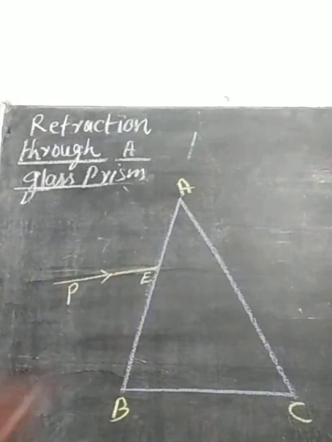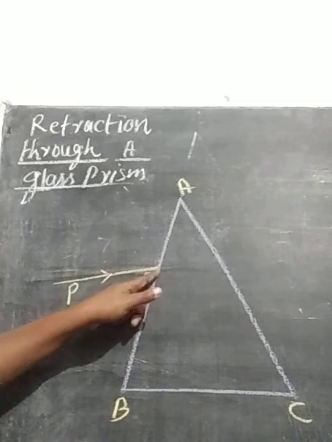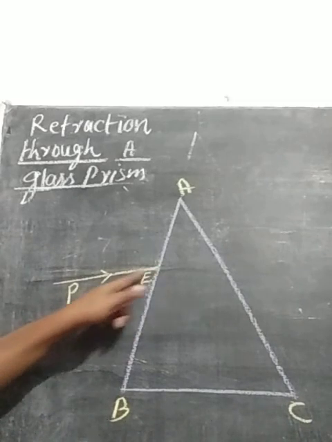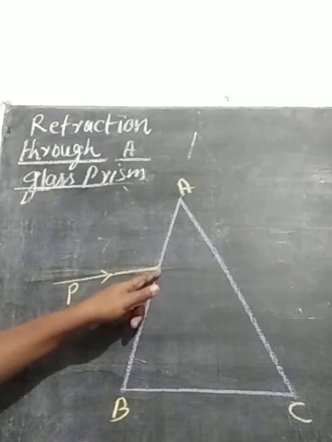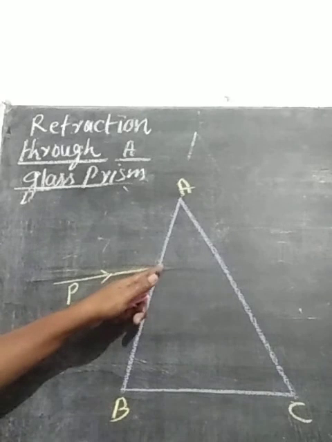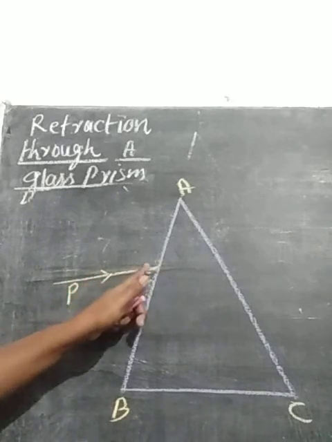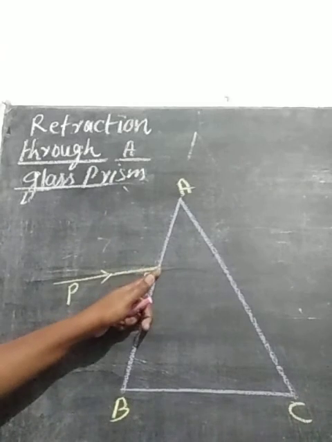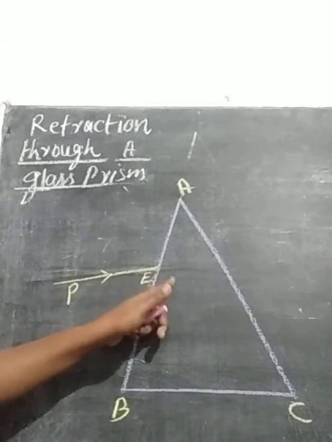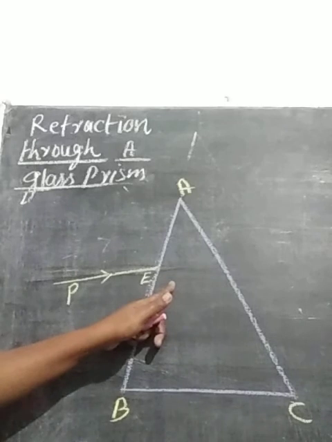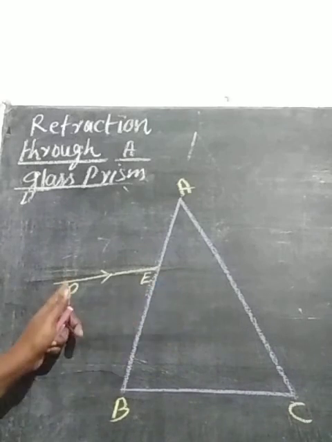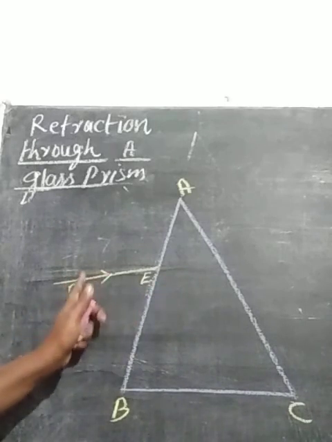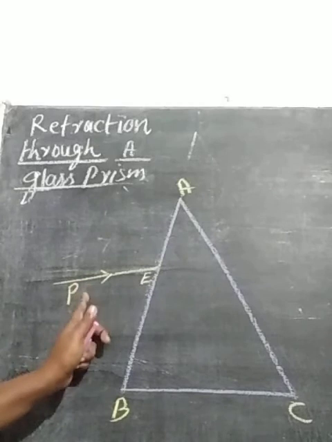Here this is the point at which the light ray enters the glass. Definitely at this point the light ray has to suffer the process of refraction because of the change in the speed of light in air and the speed of light through glass. So this light ray P is entering the glass from air.